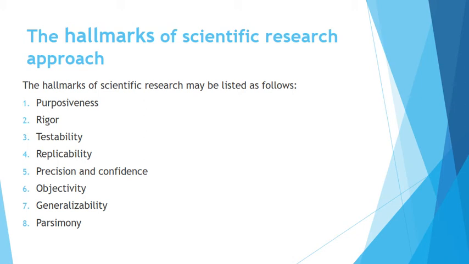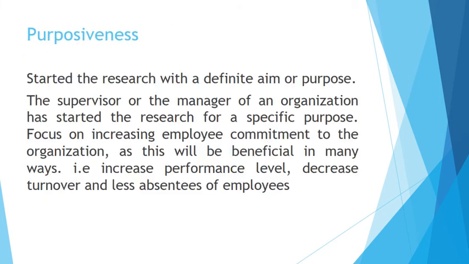The first is purposiveness, second is rigor, third is testability, fourth is replicability, fifth is precision and confidence, sixth is objectivity, second last is generalizability, and the last one is parsimony. Let's discuss these steps one by one in detail with examples.